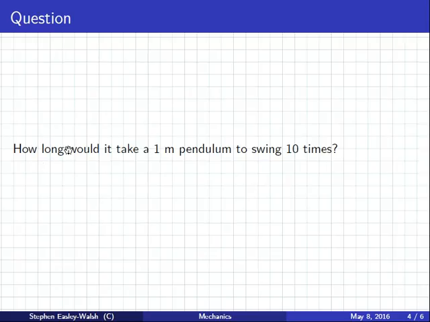Okay, try this. T equals 2 pi root L over g, multiplied by 10.